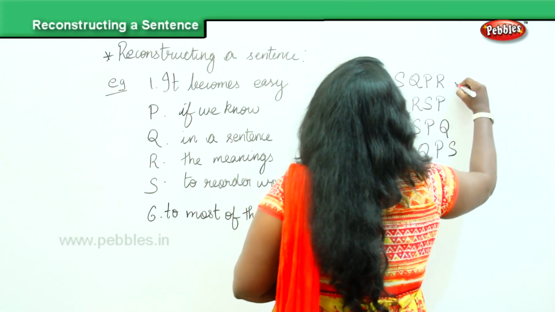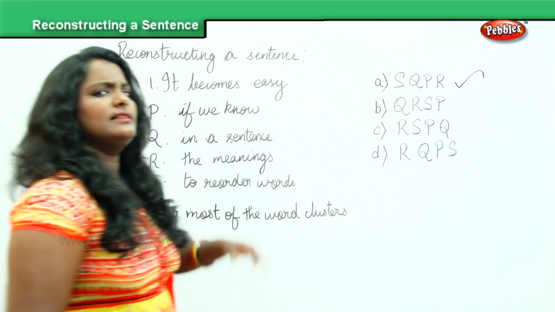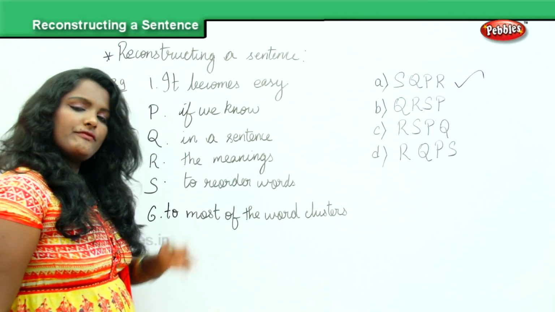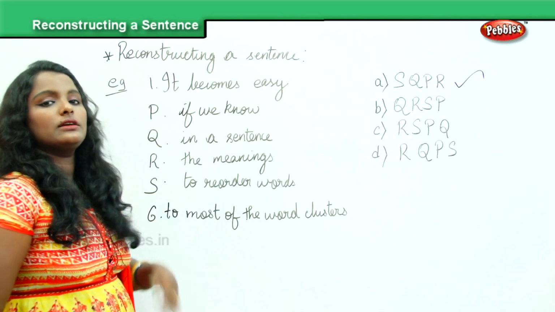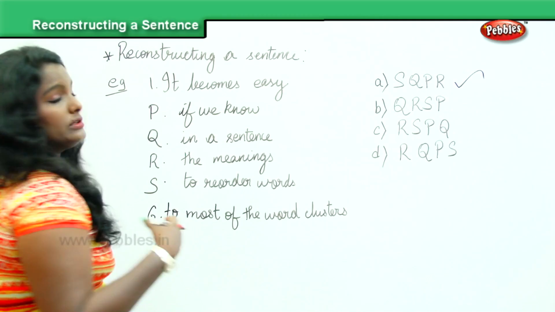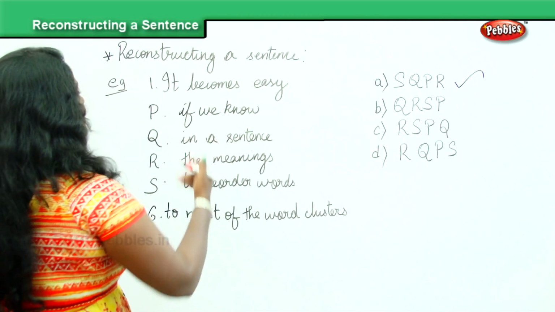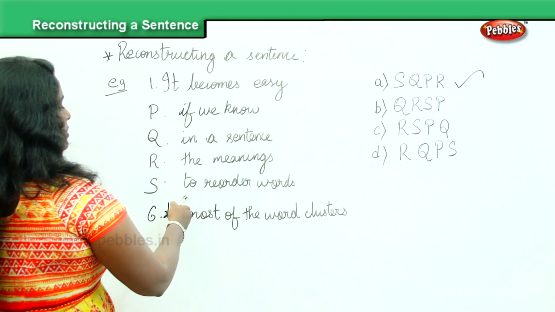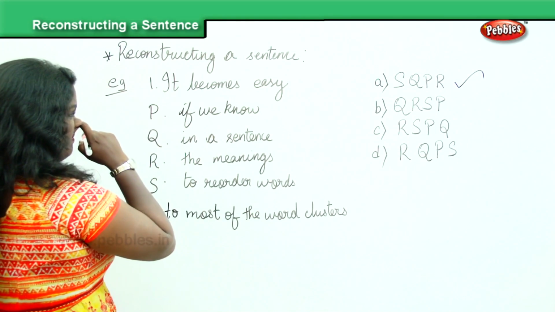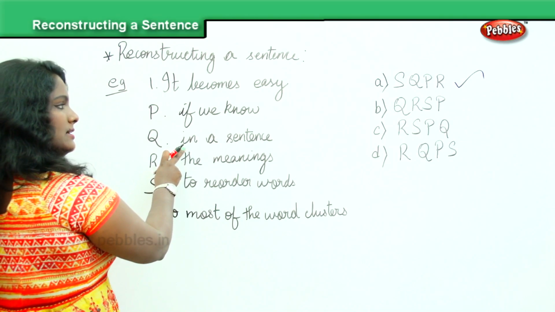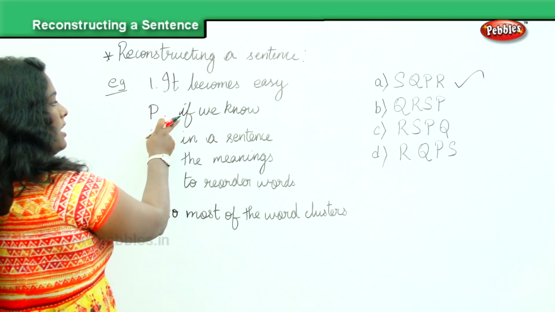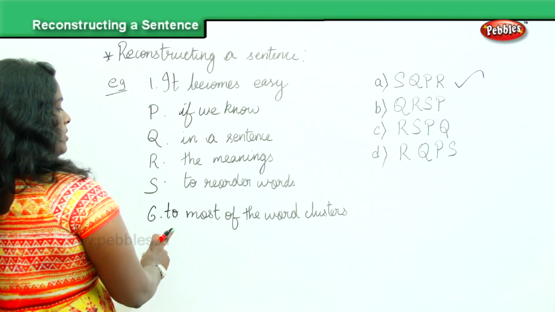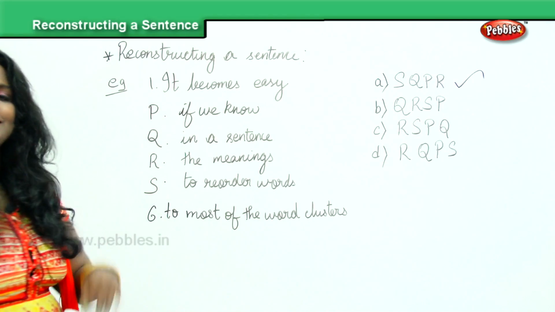The correct order is SQPR. Let us rearrange our sentences this way and see if it is giving us proper meaning and insight into the sentence or the message that it wants to convey. It becomes easy to reorder words in a sentence if we know the meanings to most of the word clusters, right?